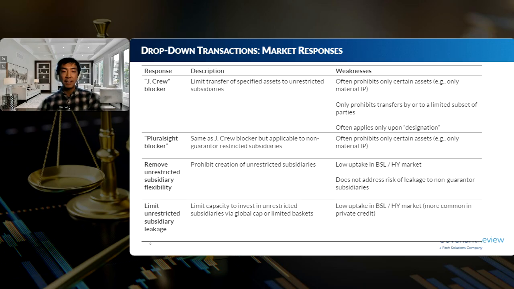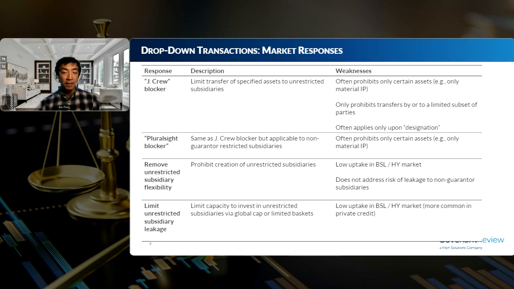So if you have an existing subsidiary and it has all of your material IP, that subsidiary cannot be designated as unrestricted. What that means, however, is that you could create, let's say, again, an empty box. Let's use the Cayman Islands again. It's a Cayman holdco. It has no assets. It has no operations. It does not own material IP.